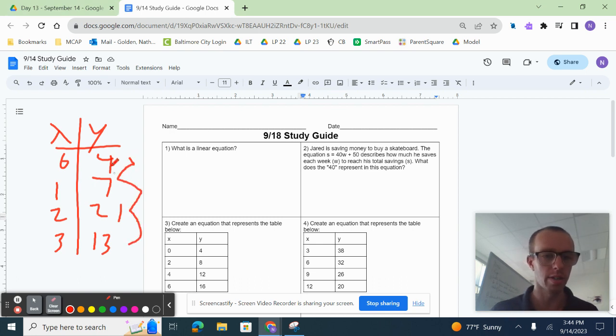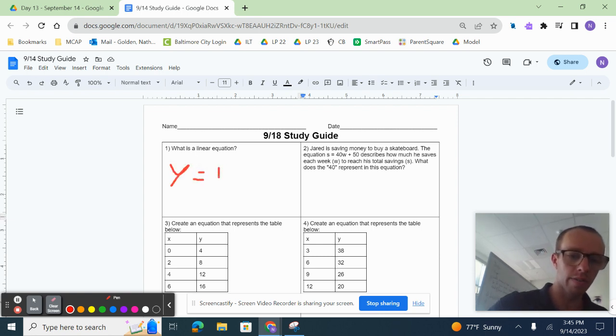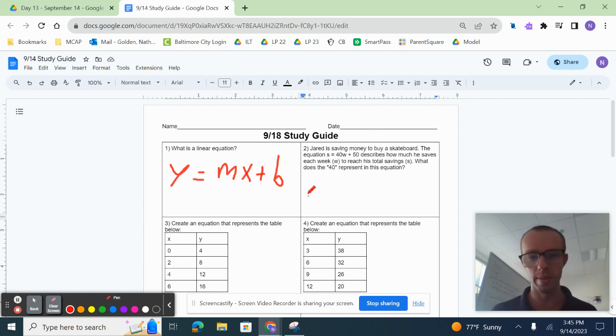First it goes up by 3, then it goes up by 14, then it goes down by 8. That's not a linear function. Linear functions add at a constant rate. And we model all linear functions with the equation y equals mx plus b, where b is the beginning and m is the constant rate of change.